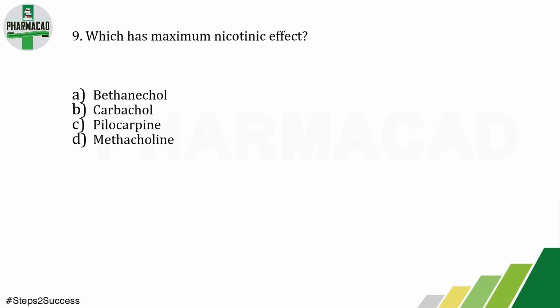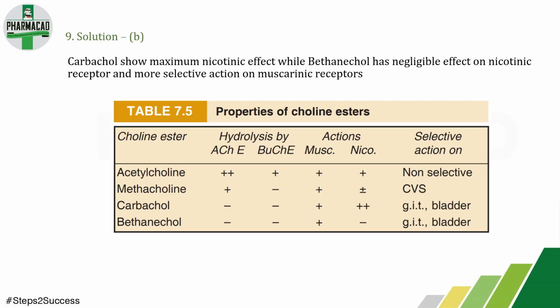Next question: which has maximum nicotinic effect? The options are bethanechol, carbachol, pilocarpine, or methacholine. The maximum nicotinic action, as you can see in this table, is shown by carbachol, while bethanechol has negligible effect on the nicotinic receptor but a more selective action on the muscarinic ones.